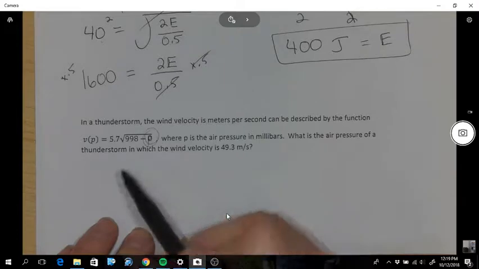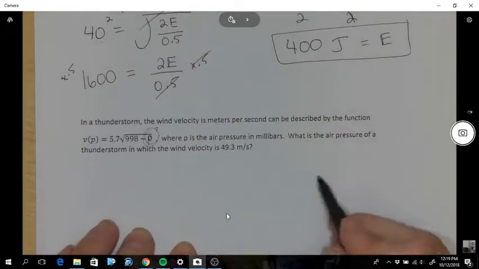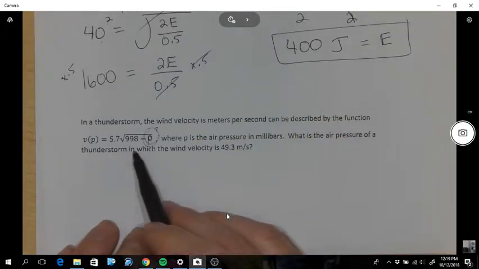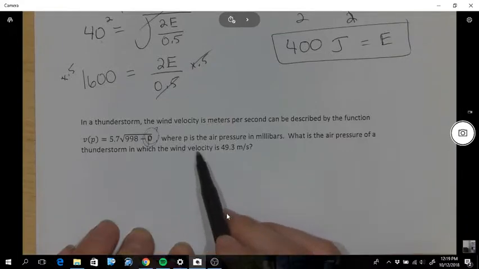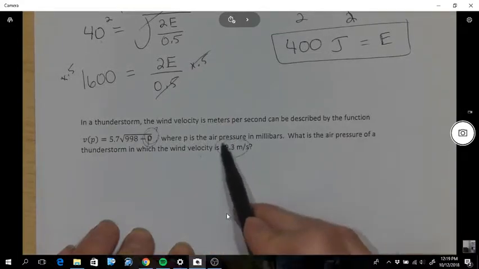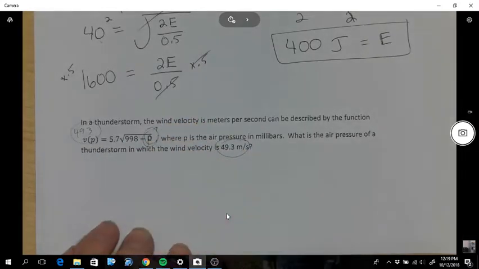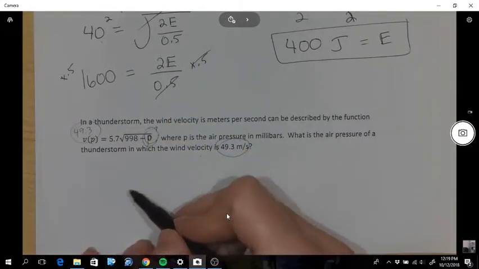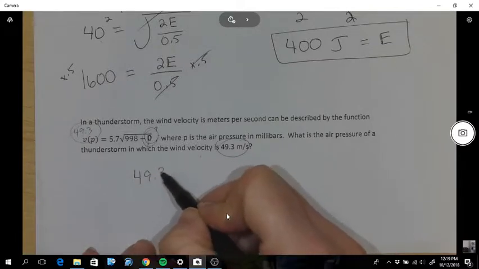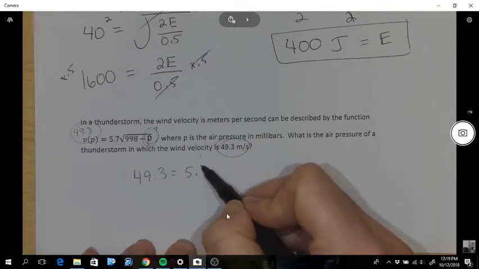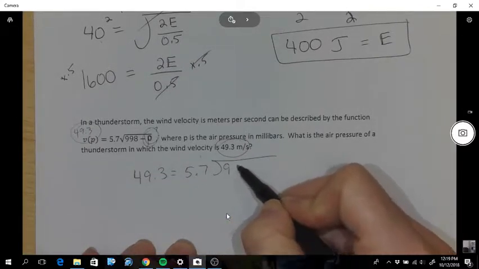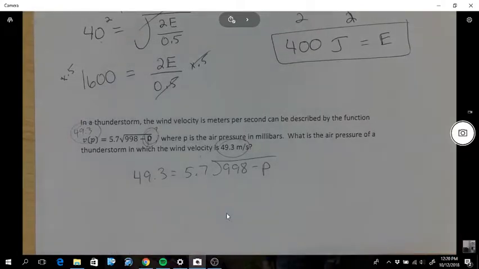So I'm solving for P. What is the air pressure of a thunderstorm in which the wind velocity is 49.3? So this is going to be replaced in there. Okay, now 49.3 equals 5.7 times the root of 998 minus P.